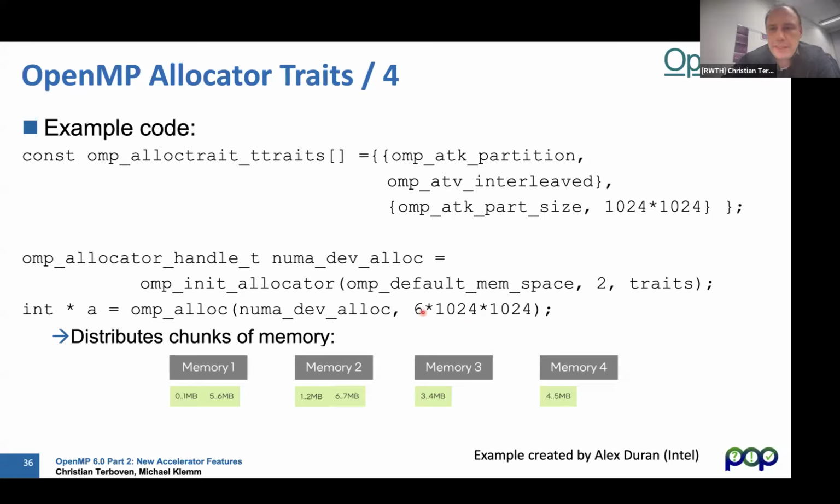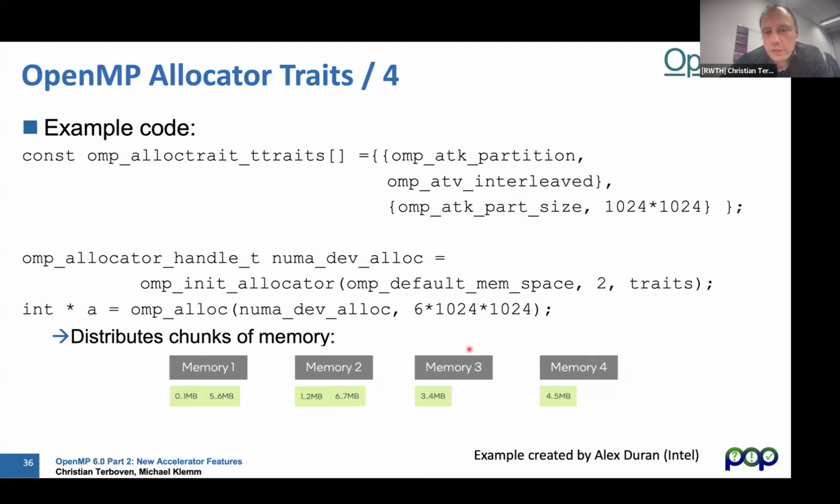So what will happen here? First, let me add, in the first release, OpenMP 5, with interleaved support, we forgot the partition size, so it was kind of undefined, or in the best case, defined by the implementation, how large the actual partition would be. Now you can specify that, and interleaving applies a so-called round-robin distribution.